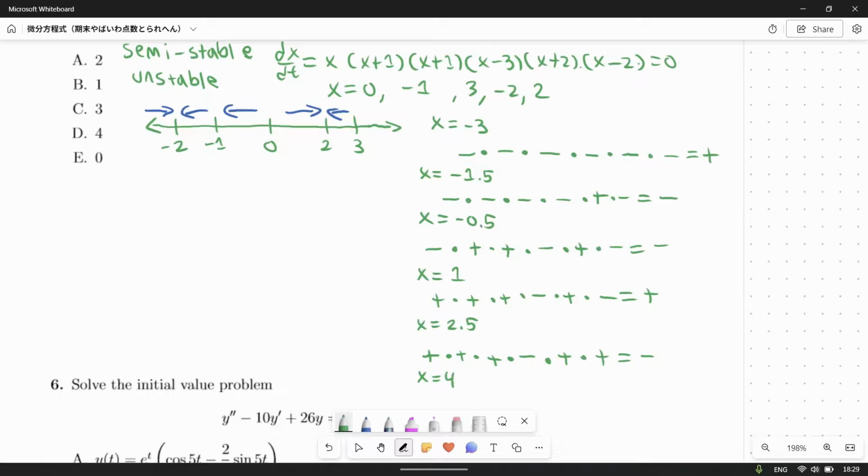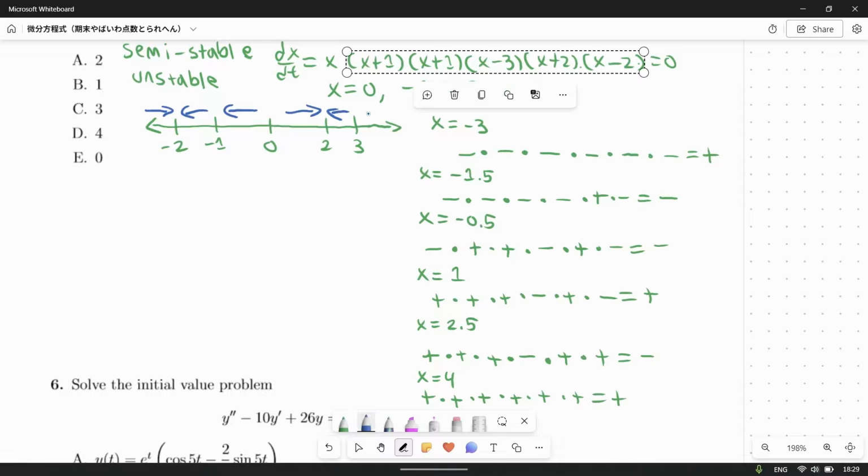When x is equal to 4, we end up with a positive times a positive times a positive times a positive times a positive times a positive. So all around positive, which ends up being a positive. That means we end up with an arrow that goes away from 3 for anything above the number 3.